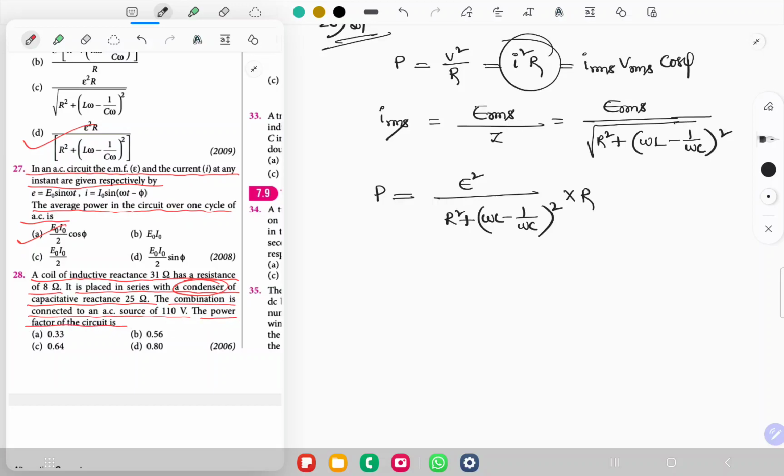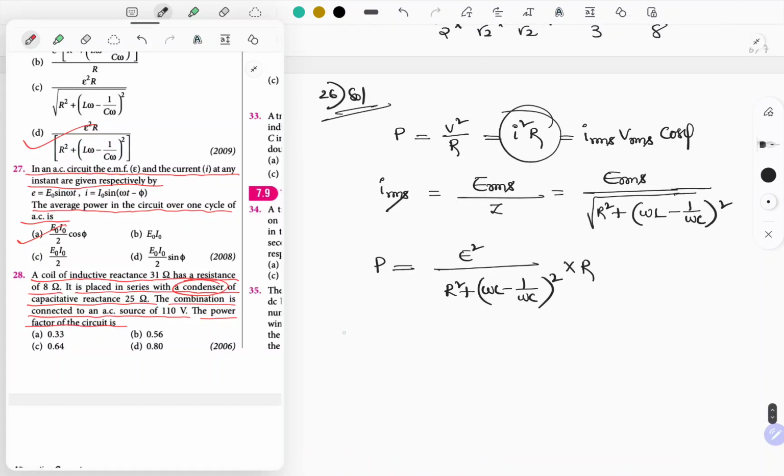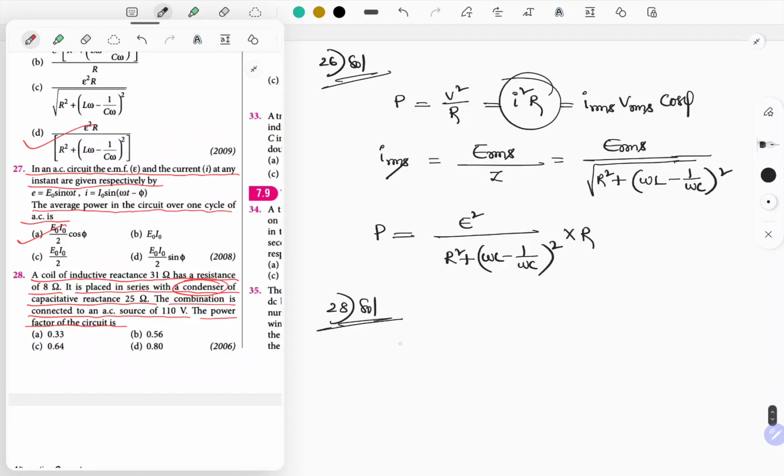They're asking the power factor, question 28. The formula for power factor is cos phi is equal to R by Z. You can use this, or else you can use tan phi is equal to XL minus XC divided by R, since XL, 31, is greater than XC, 25, so the circuit behaves like inductive.